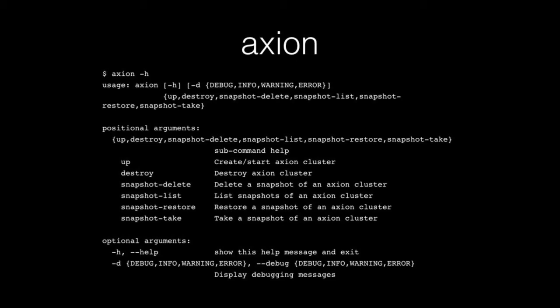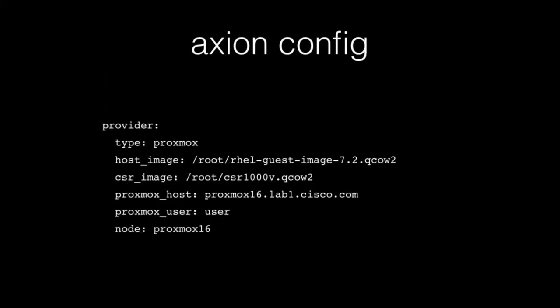So now we've got an example of what the Axion config looks like. It's basically two things. First, there is the description of a provider, so how to access the place where those machines will be run. And in this instance, that's a Proxmox provider. So you've got the path to the RHEL image and the path to the CSR image, because those are the two things that Axion can provision.